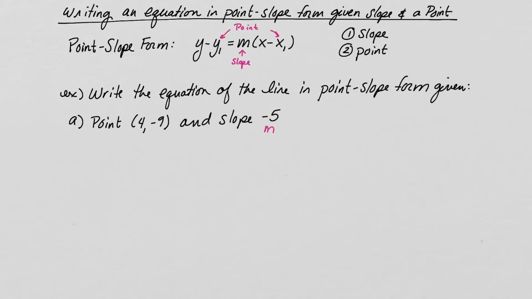So the -5 is my m, the 4 is my x1, the -9 is my y1, and so all I have to do is plug into this formula.